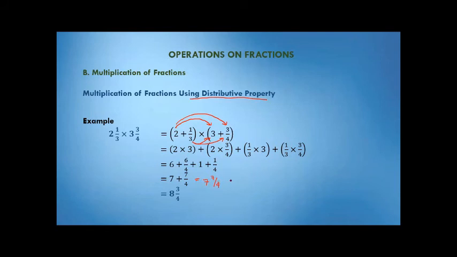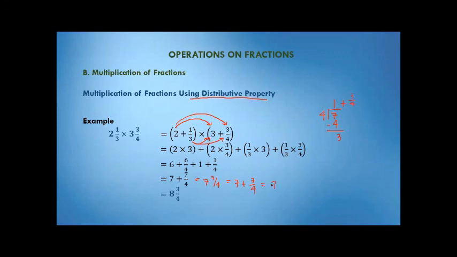Okay? So, ang gagawin natin dyan ay 7 plus 7 over 4. So, ang 7 over 4 ay katumbas ng pag 7 divided by 4, so we have 1. Then 1 times 4 is 4. 7 minus 4 is 3. Remainder 3. So plus 3 over 4.